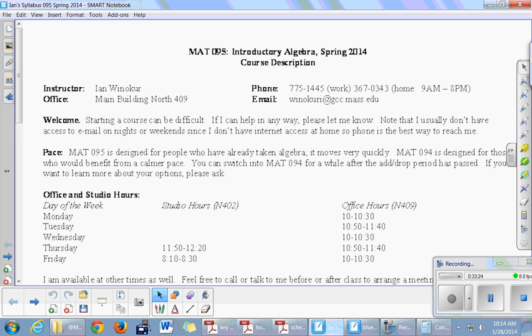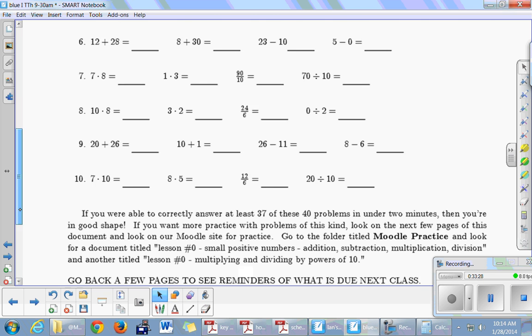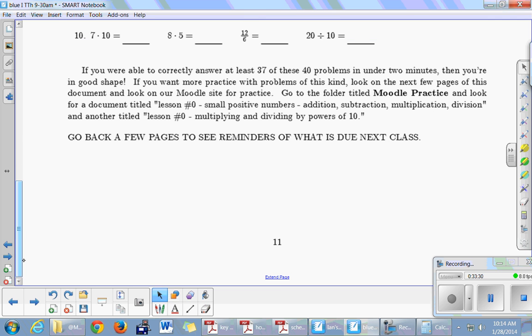so let's come back to blue. All right, so we just finished this. Suppose that you didn't do so well on this arithmetic thing. What can you do? Well, certainly you can talk to me. But I also want to point out that if you go onto our Moodle site, right below the quiz, and you go into this folder called Moodle Practice, you're going to see a lot of PDFs.